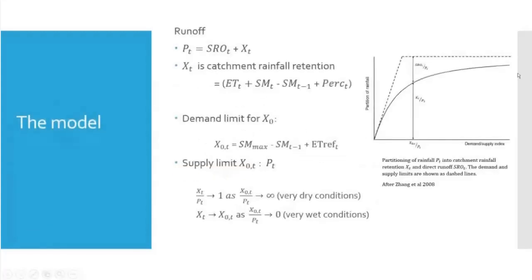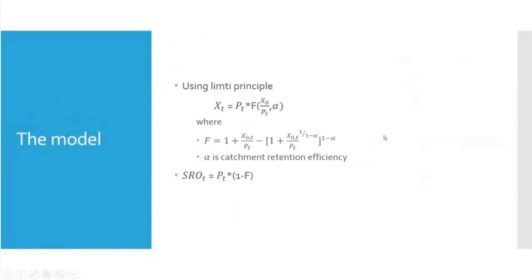Alpha is the catchment retention efficiency, which we can easily relate with the land cover type. And from this, we can calculate the surface runoff as the product of precipitation times the difference of 1 minus this factor F.